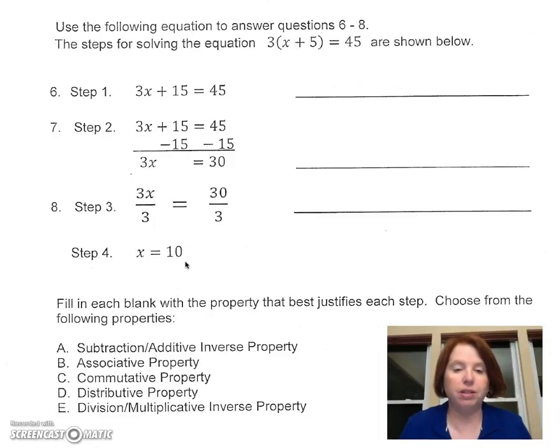Again, which of the following properties fits these two steps? Is it A, subtraction additive inverse property, B, associative property, C, commutative property, D, distributive property, E, division or multiplicative inverse property?